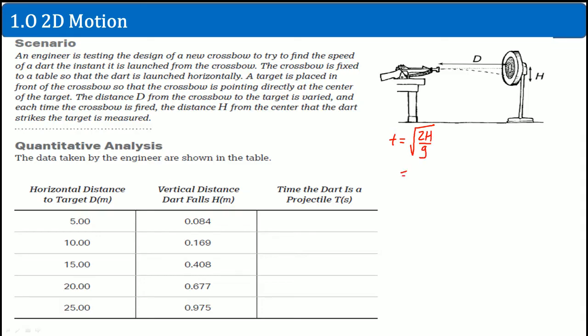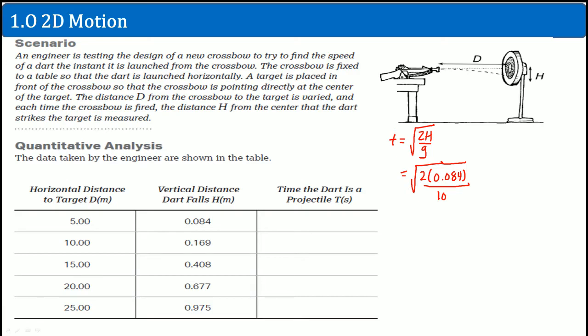We could do the first one. Square root of 2 times, what is the h here? The vertical height that it falls, which is 0.084, over g. I'm just going to use 10. Plug that in the calculator, see what you get.